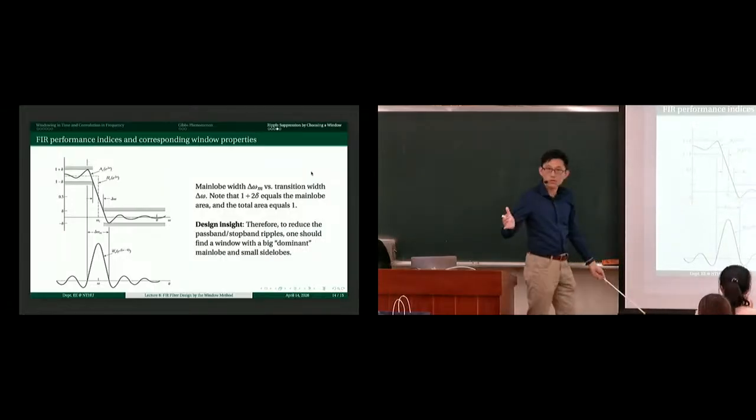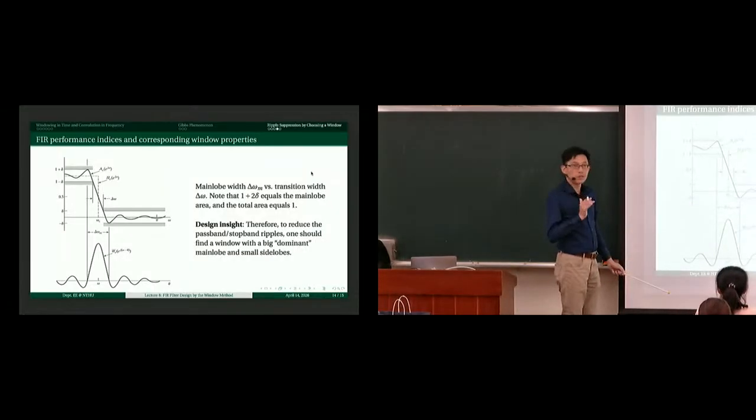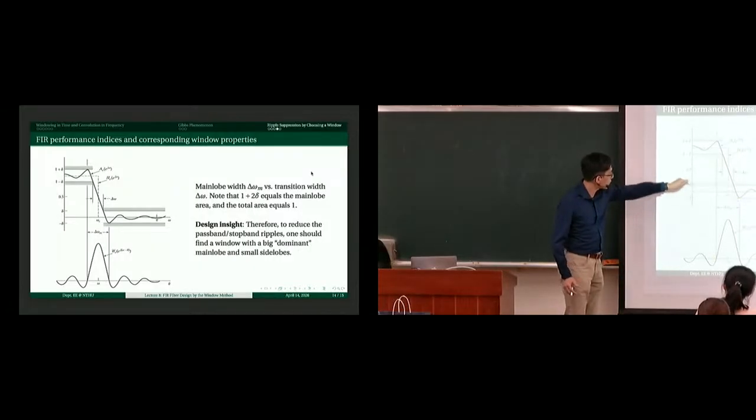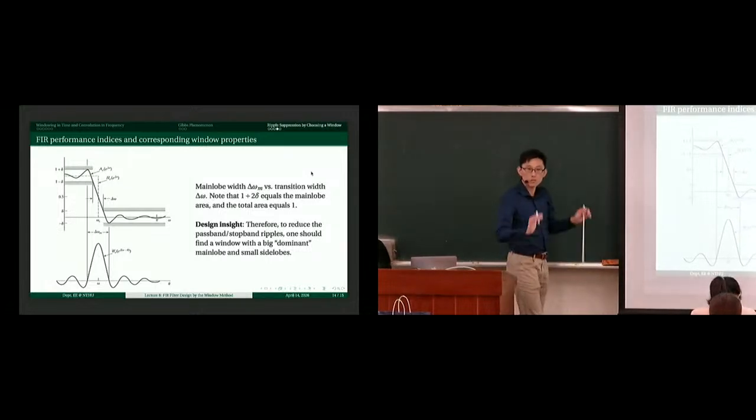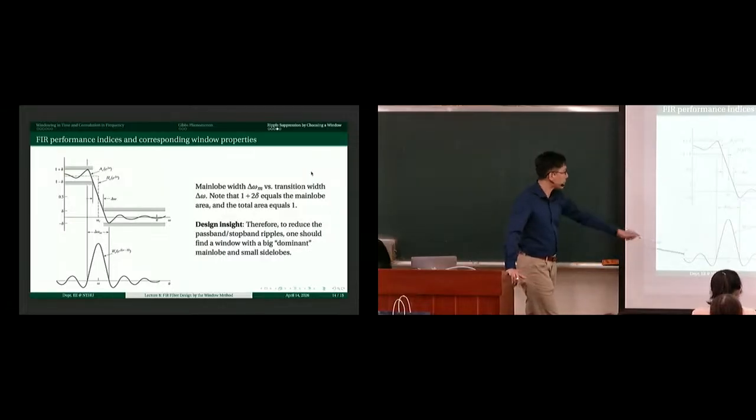So please pay attention that the main lobe width equals that, but the transition width, as we define it, is the width from here to here, from these two corners. So naturally, the transition width is slightly shorter than the main lobe width of the window. The transition width of your design is slightly smaller than the main lobe width of the window that you choose. So please pay attention to that.